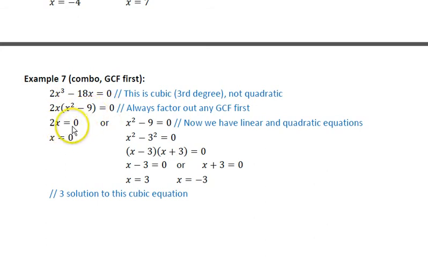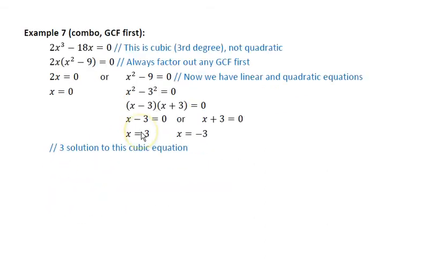On the left, we get 2x equals 0, or x squared minus 9 equals 0. 2x equals 0, divided by 2, we get x equals 0. Over here, we rewrite the 9 as 3 squared. We have a difference of 2 squares. That becomes x minus 3 times x plus 3 equals 0. Breaking those apart, x minus 3 is 0, x plus 3 is 0. Here we have 3 and negative 3. And notice 0, 3, and negative 3 are 3 solutions to this cubic equation.